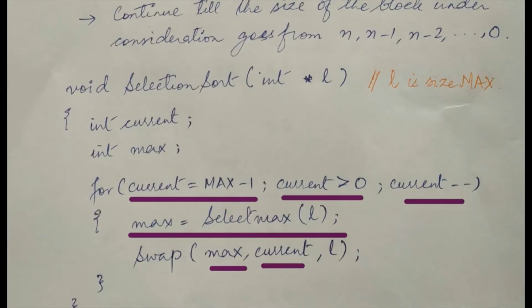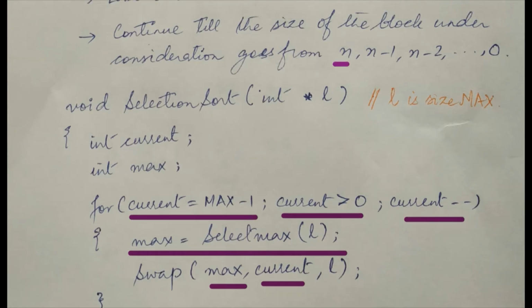So you will go from max minus 1 to 0. Your block will be the first n size. You'll find the maximum element in this and exchange it with the last element. Okay. Then you find the maximum element in the block 0 to n minus 2, with only n minus 1 elements, and put it at the last location of the block, and so on.